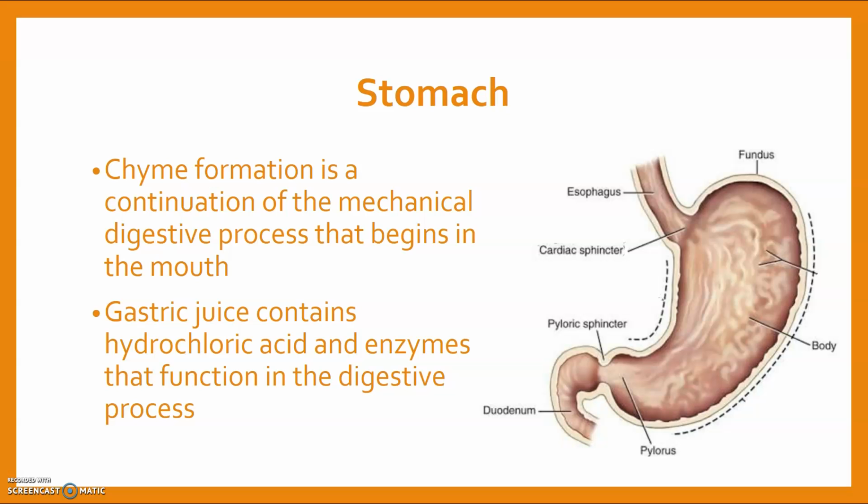Gastric juice, which contains hydrochloric acid and enzymes, mixes with food to become chyme. And chyme formation is a continuation of the mechanical digestive process that starts in the mouth. Now remember, the mechanical process of chewing occurs in the mouth, and then chyme formation is another example of a mechanical digestive process.